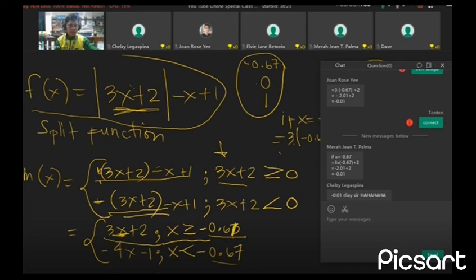Sometimes the split function creates a straight line, sometimes it creates a letter V image, and sometimes there are diagonal lines connected to a straight horizontal line. It depends upon the given function.